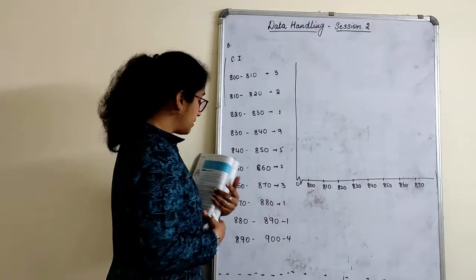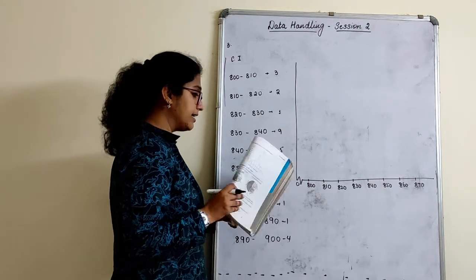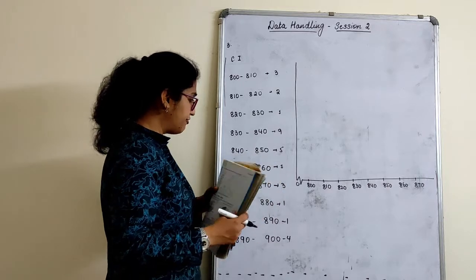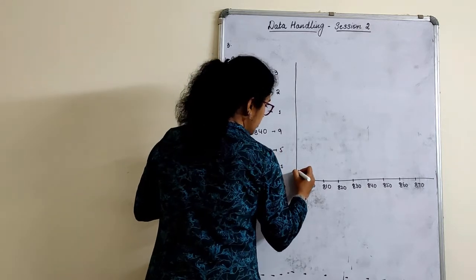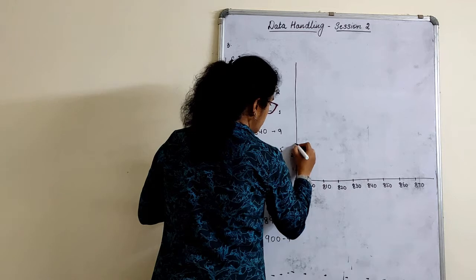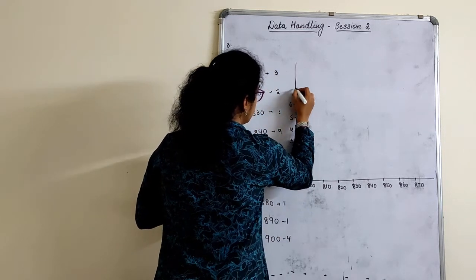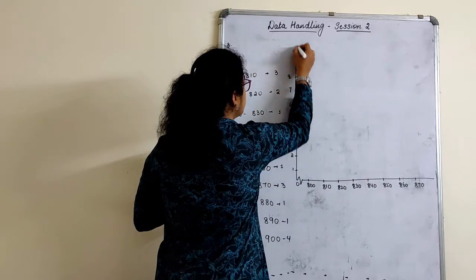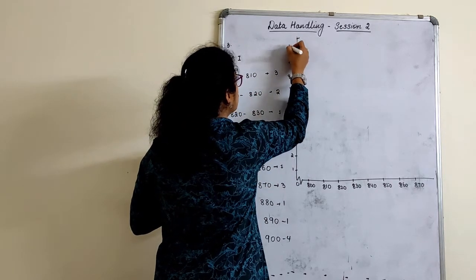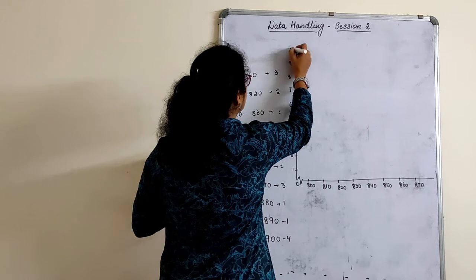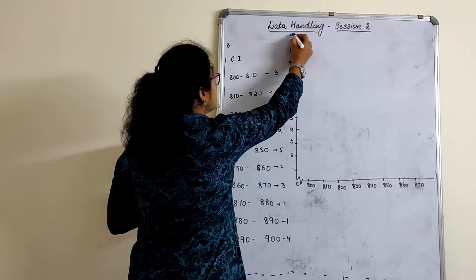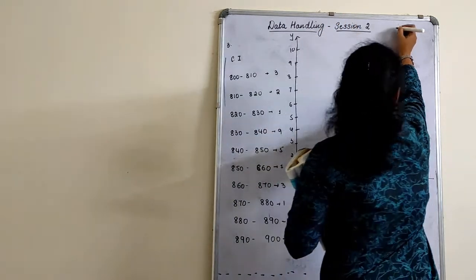So here what are my scores? I think the scores are like 1, 2, 3, 4, 5 and the final score is 9, right? So it's very simple. 1, 2, 3, 4, 5, 6, 7, 8, 9, 10. Y-axis. Write the scale.